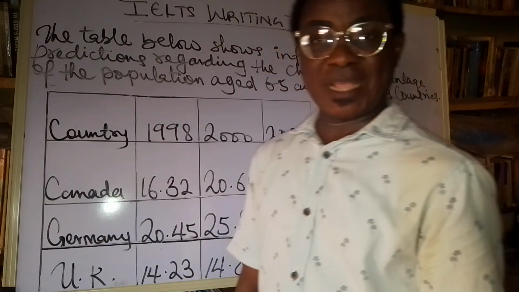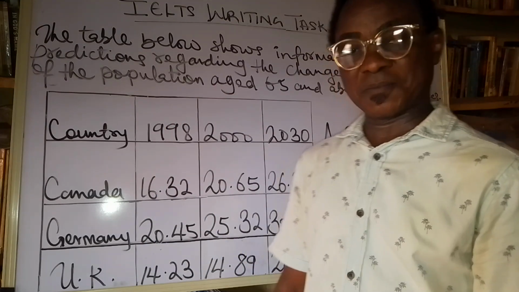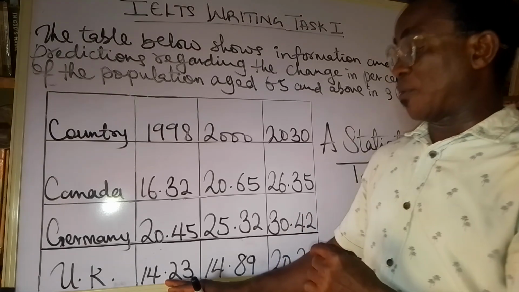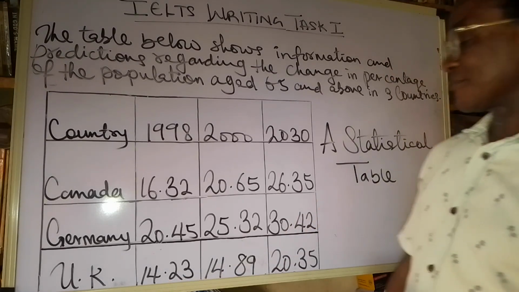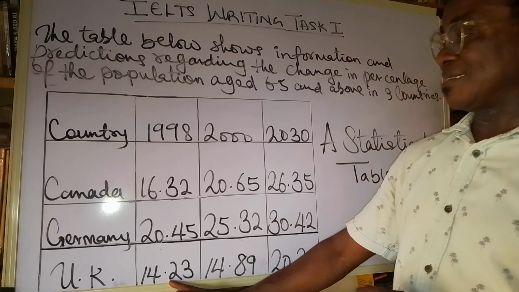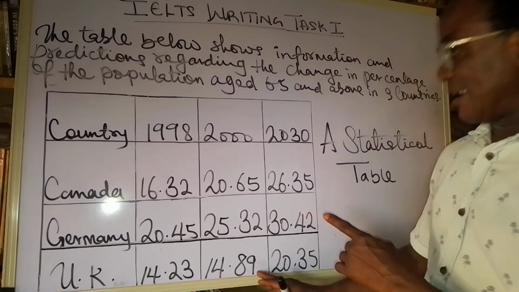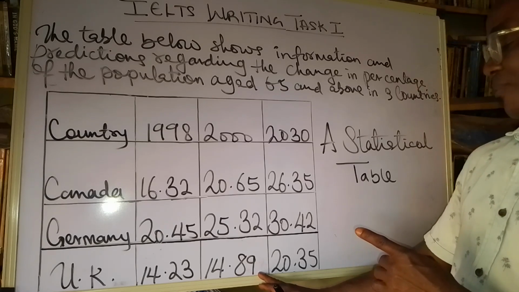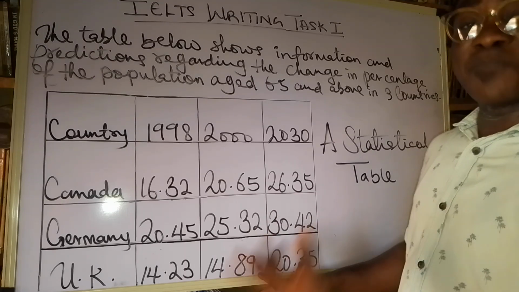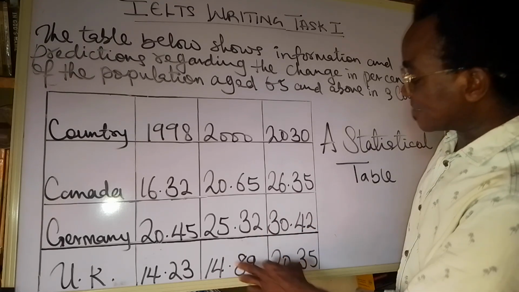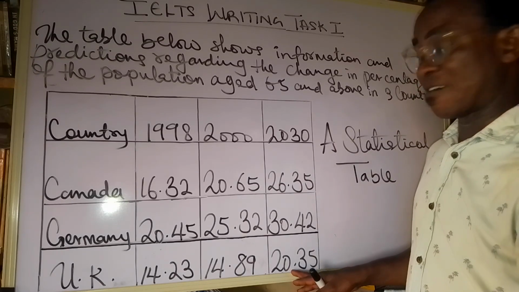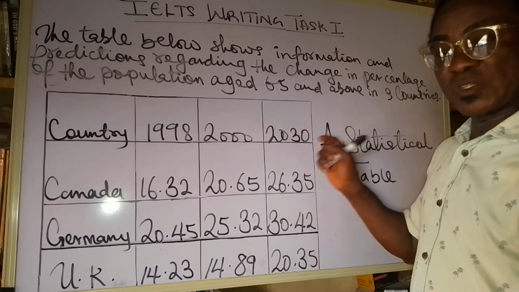Compared to these two countries, however, that's Canada and Germany, the population aged 65 and above in the United Kingdom remained just below 15% between 1998 and the year 2000, but also is expected to record a 5.5% increase from 14.89% in the year 2000 to 20.35% in the year 2030.